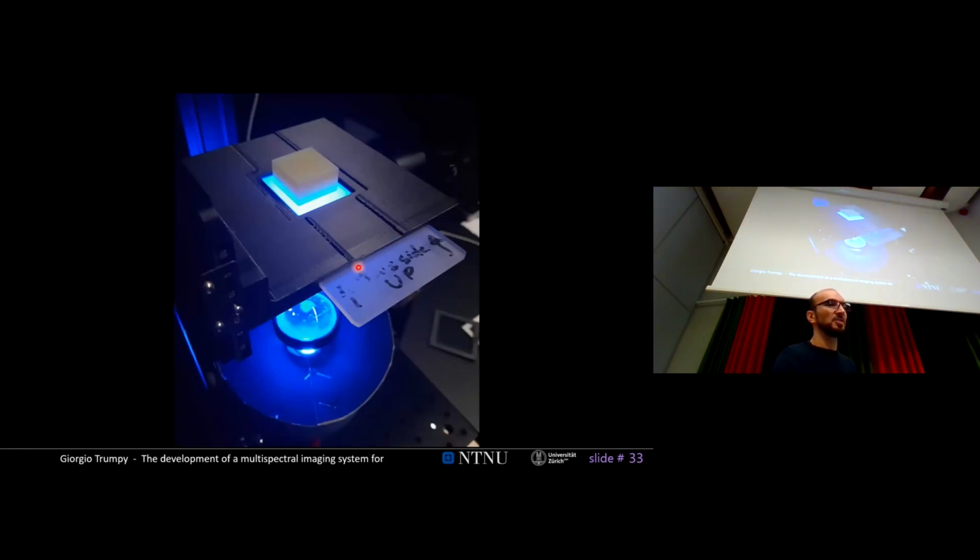Basically, in this case, the sample is on the diffuser. And of course, when I removed the diffuser, I put it on the last lens, and then I had to refocus, because the position was different in the end. But I did both measurements.